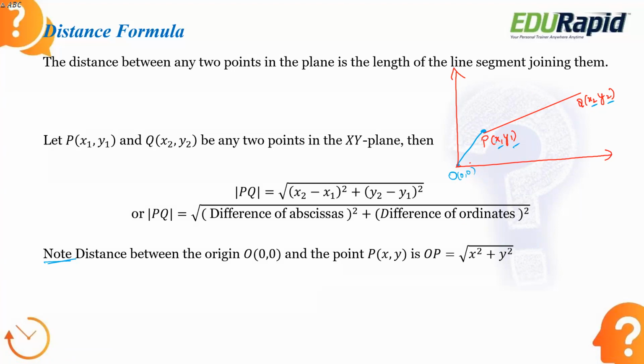OP would be the root of x square plus y square, or in this case, x1 square plus y1 square. The root of that will give you OP. So this is very much clear for you all, I assume, because the distance formula is considered between two points.